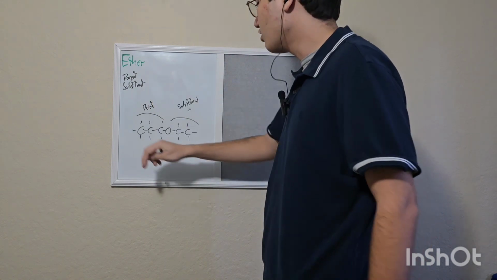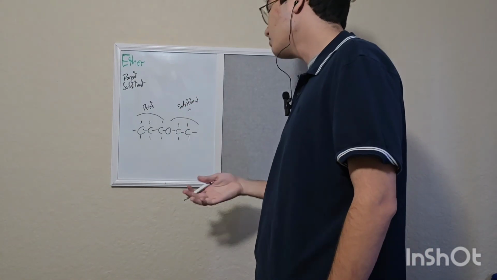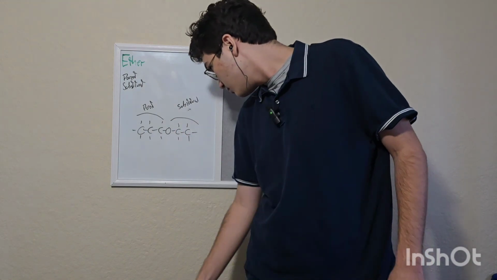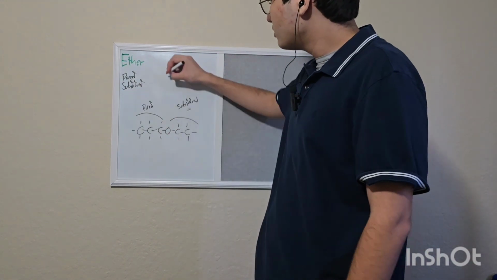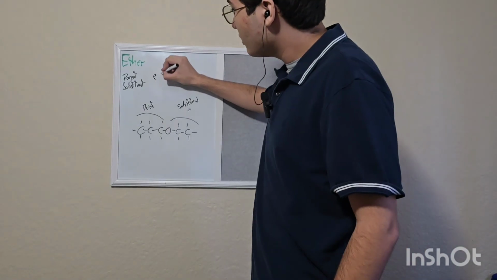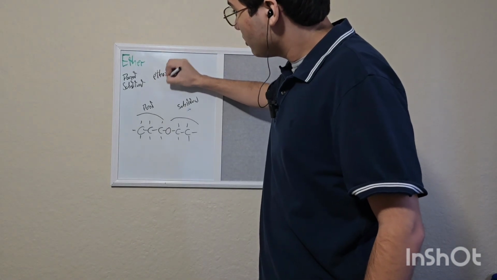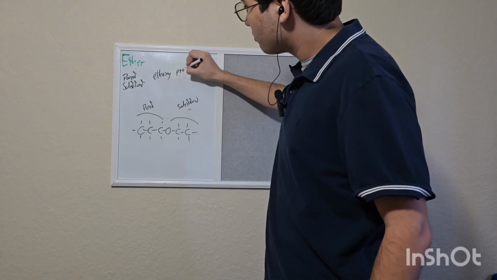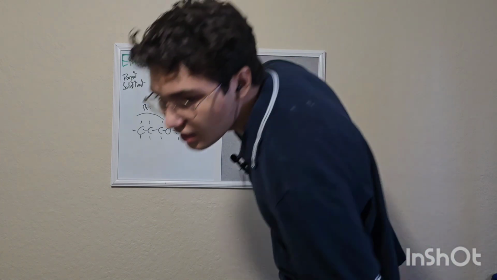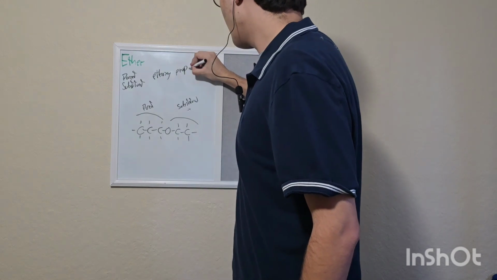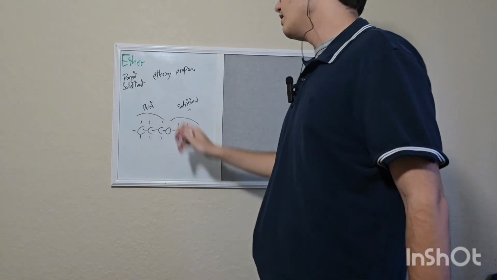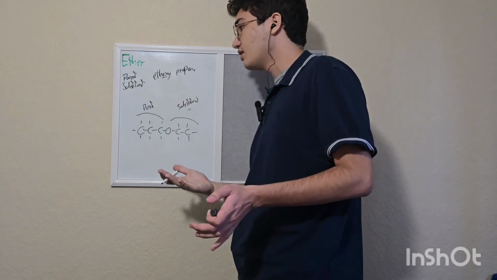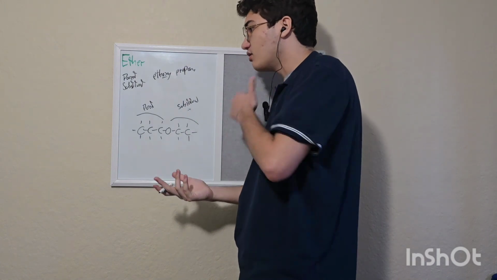The parent is the longer side, so 3, and the substituent is the shorter side, the 2. So this will be an ethoxypropane. The oxy will be at the end of the substituent, replacing the yl that would normally go there.